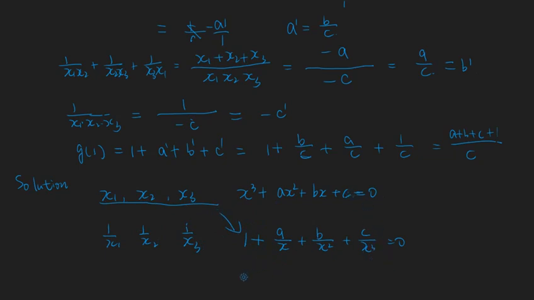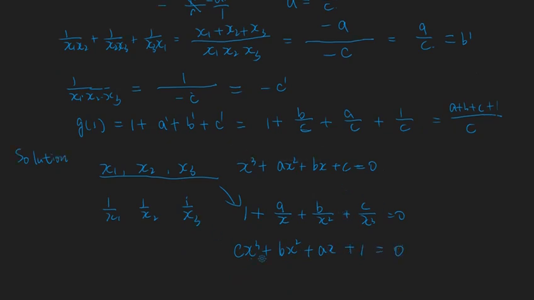which tells us that if we have an equation that is c x cubed plus b x squared plus a x plus 1 equals 0, then we will know that x cubed, x squared, x, and 1 could equal 1 over x1 cubed, 1 over x1 squared, 1 over x1, and 1.